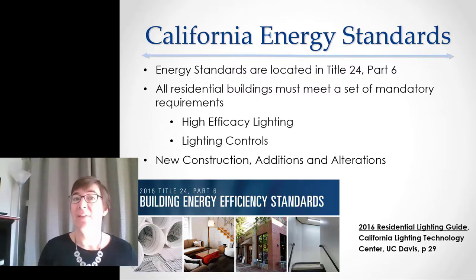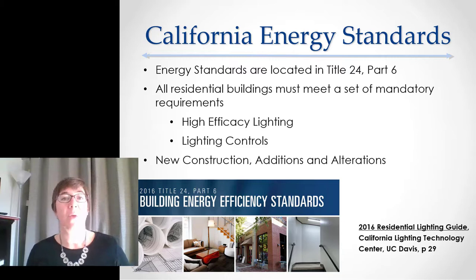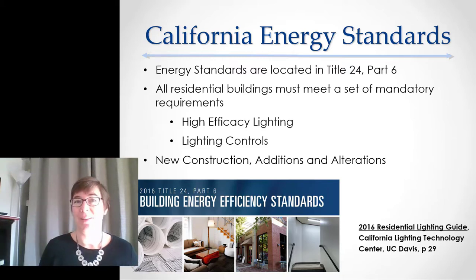Remember the word efficacy from the last video means kind of the efficiency of your lighting source and how much visible light it will put out compared to how much electricity that it uses. These standards are, as I said, mandatory, and they apply to all new construction, to additions, and also to alterations.